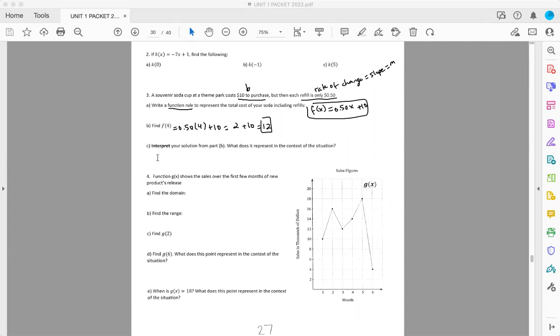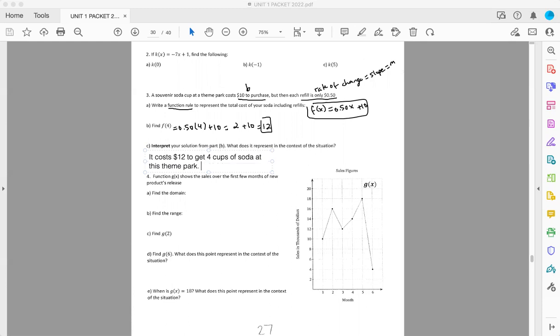So for part B, you're saying it costs $12 to get 4 cups of soda at this theme park. 4 in total.